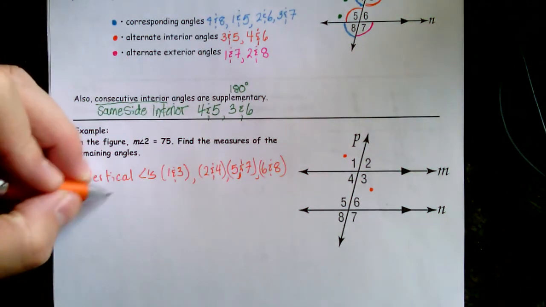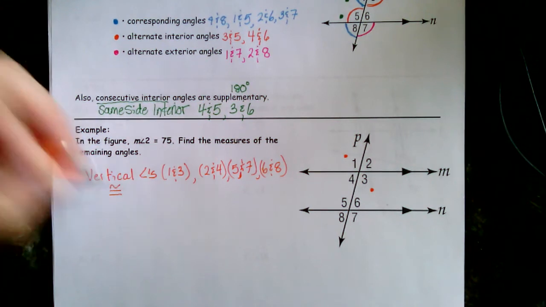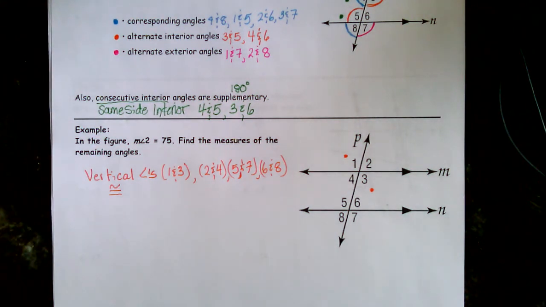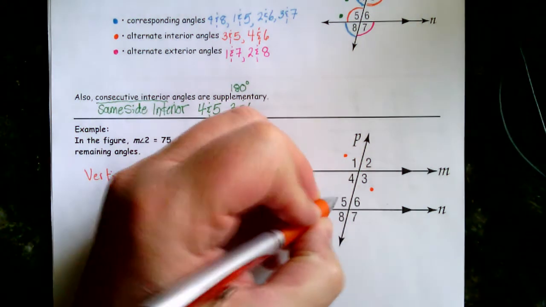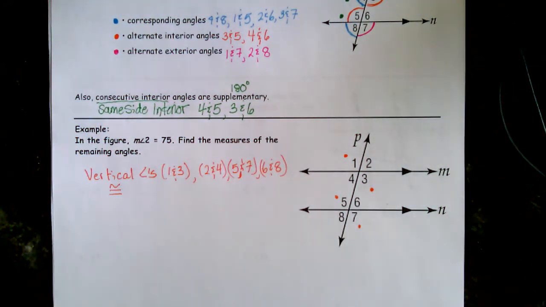Vertical angles are also congruent. That means congruent. So vertical angles there, and so on and so forth. 8 and 6, they are identical.